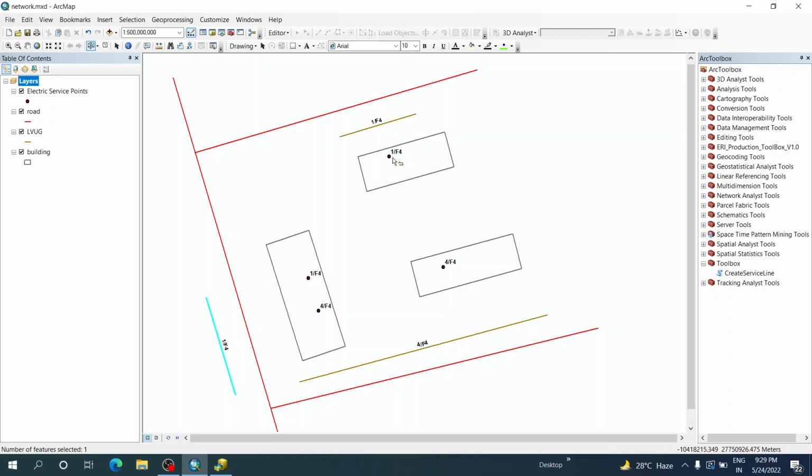These two things decide how many services, how many houses, can get supply from one feeder. So there might be 50, 60, 100 or more than 100 in one substation, depending on these two conditions.